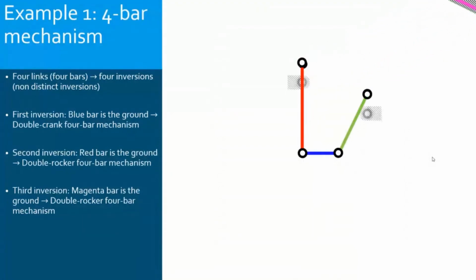And of course, if it is represented, I will ignore the bar that is grounded, and I will only represent the connections, the turning joints, the pin joints that connect the bars with the ground.